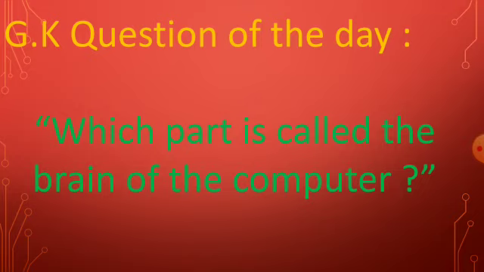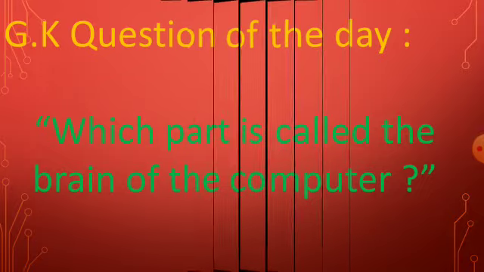Which part is called the brain of the computer? Yes, little learners, little scientists, tell me which part is called the brain of the computer. This is the general knowledge question for today. Let's have a look at the answer.